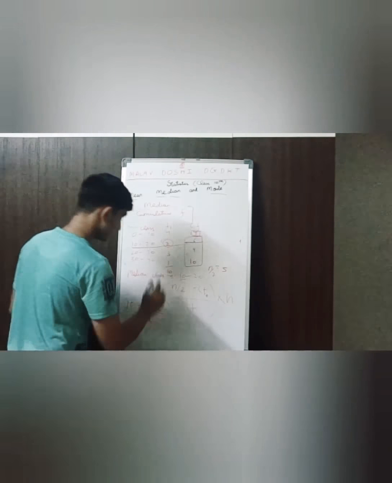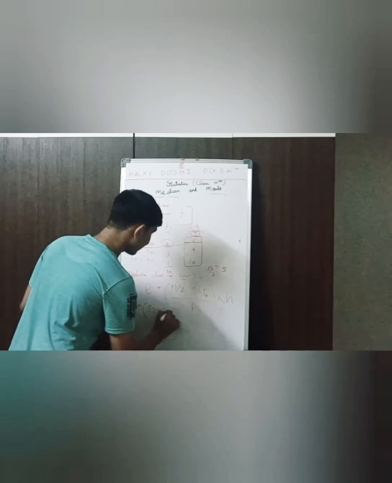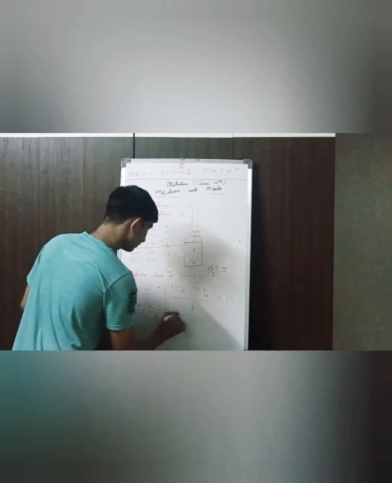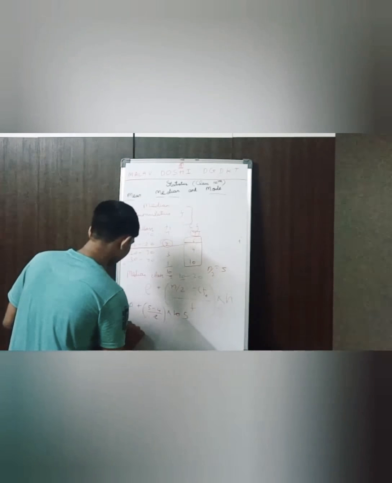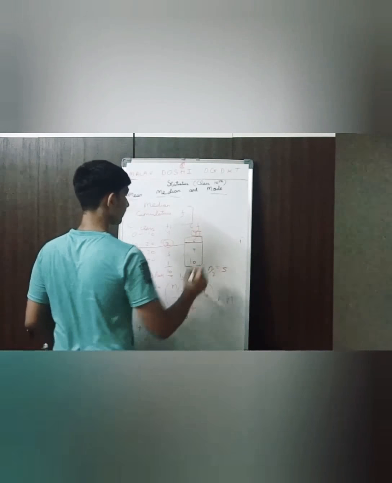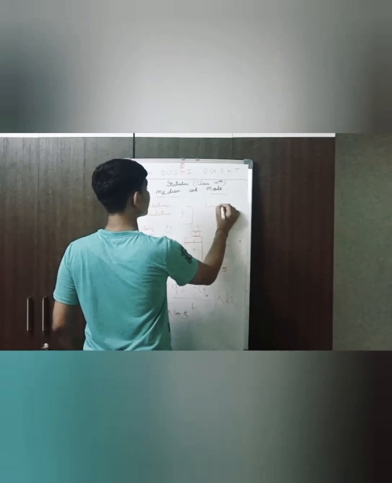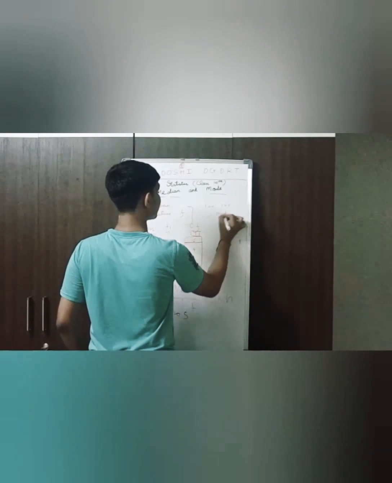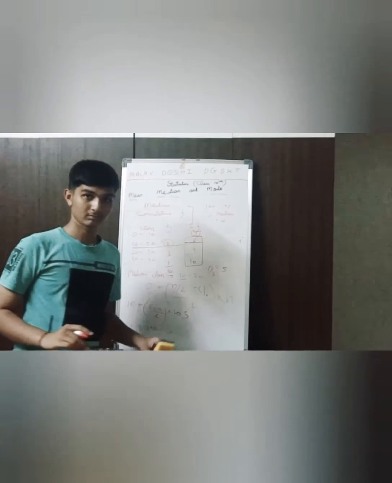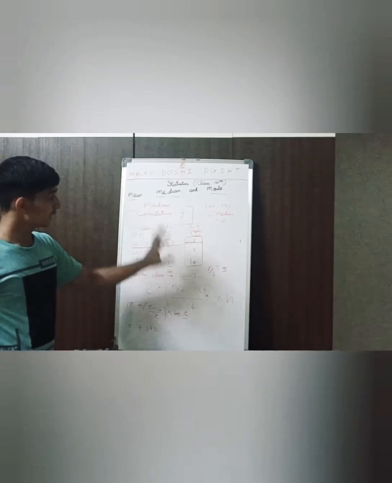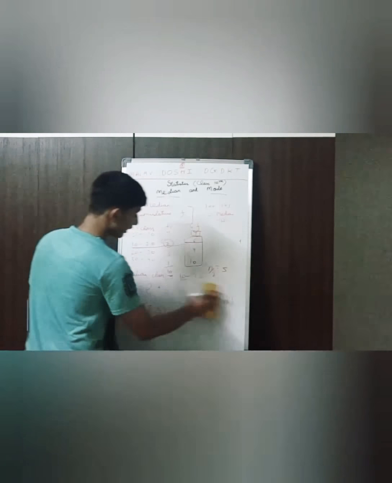So f here is 2, into the class size. What is the class size? I told you, 10. Now cut it. You will get 10 plus 1 into 5. Therefore, median is 15. So this is the concept only.